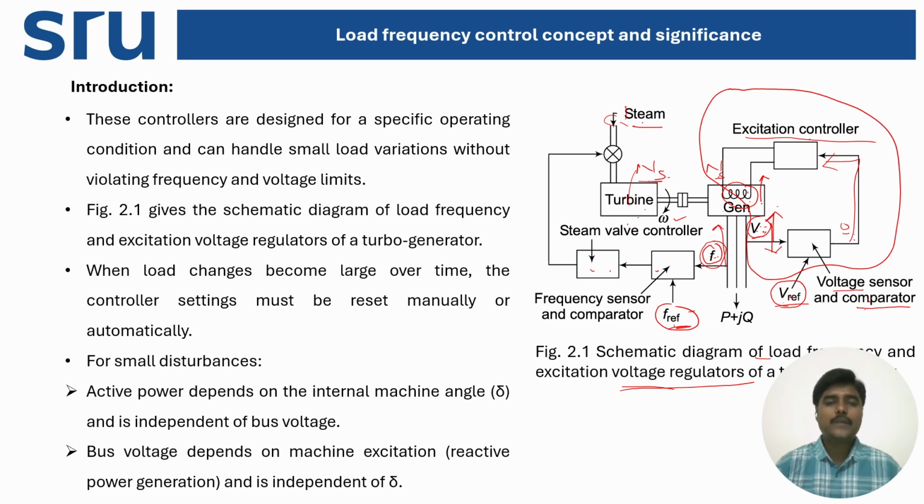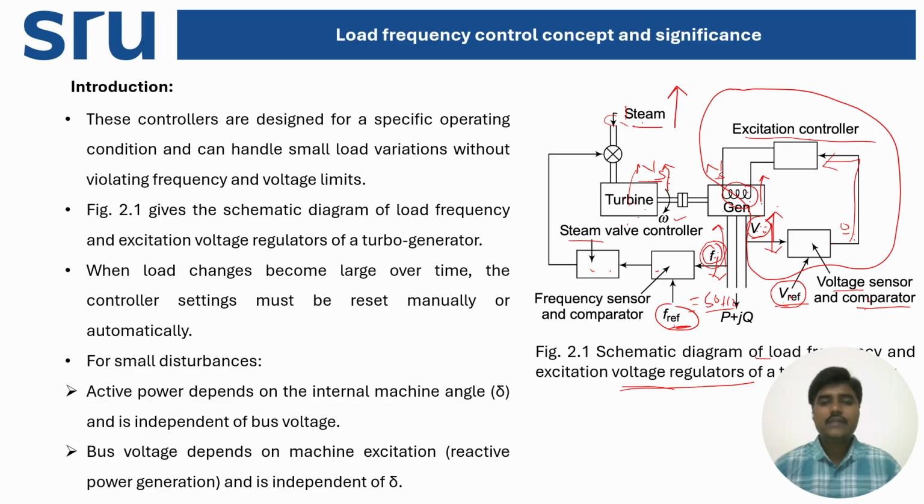If the turbine speed is very less, then the frequency of generation also will be less than the reference frequency. Then the steam valve controller will increase the steam input. When the steam input increases, the turbine speed increases and becomes equal to synchronous speed, then the frequency also becomes equal to the reference frequency. In our Indian grid, the frequency is 50 Hz.